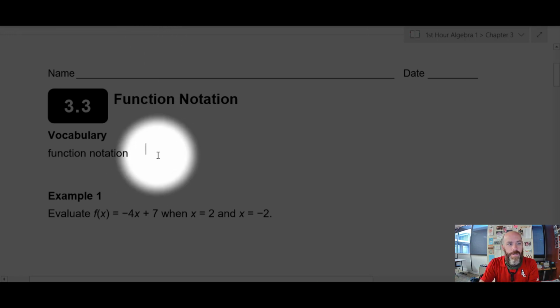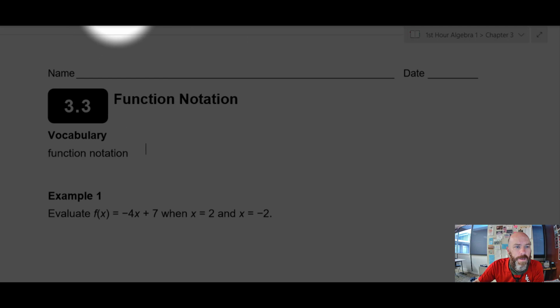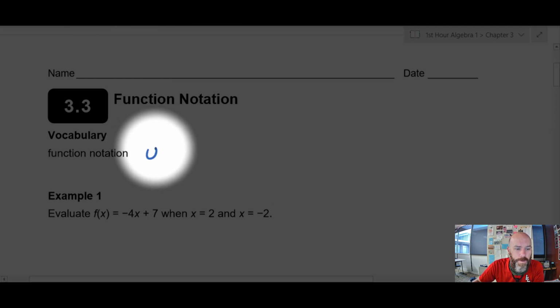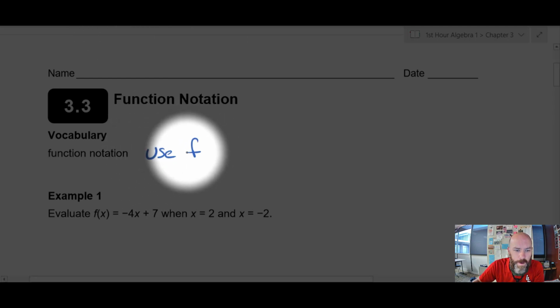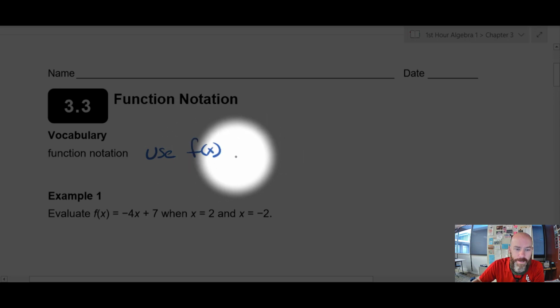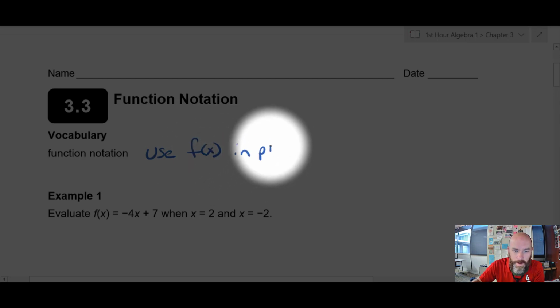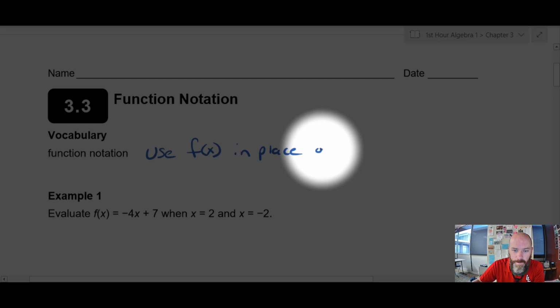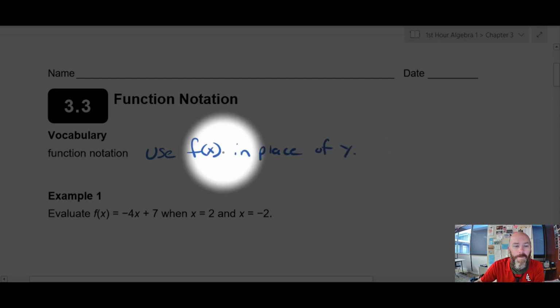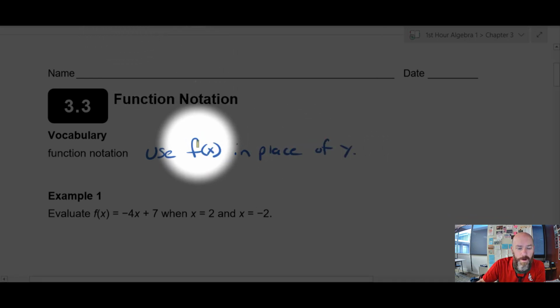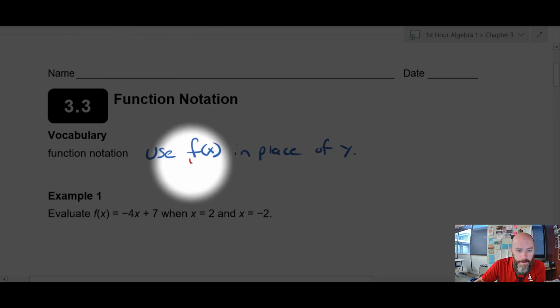So function notation is where you use f of x in place of y.